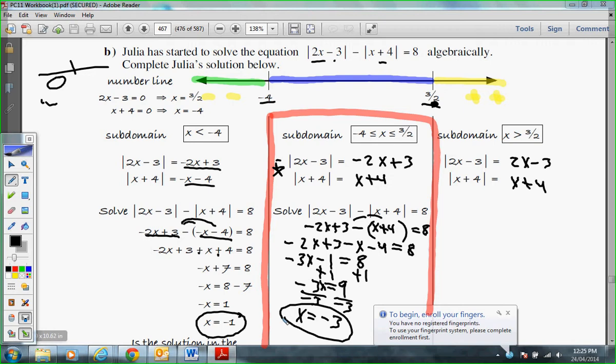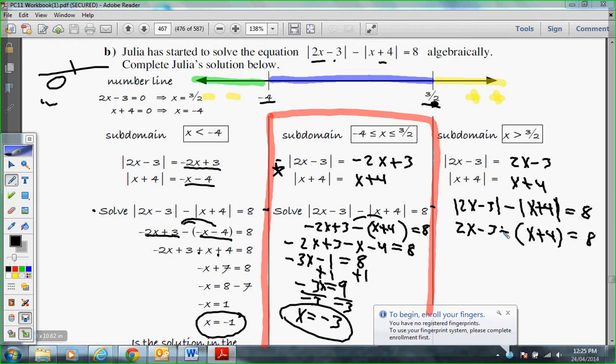So just using the same thing here, which is all the way across, we're going to write it again here. We're going to go 2x minus 3 minus x plus 4 equals 8. For the 2x minus 3, put in the normal. The x plus 4, put in the normal. So we have 2x minus 3 minus parentheses x plus 4 equals 8.